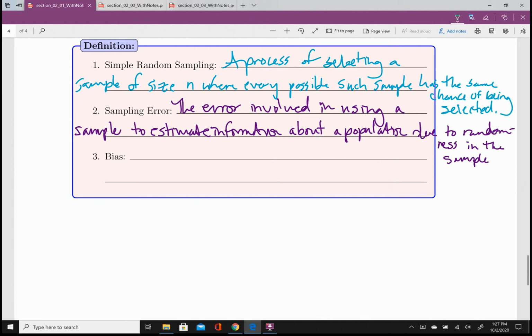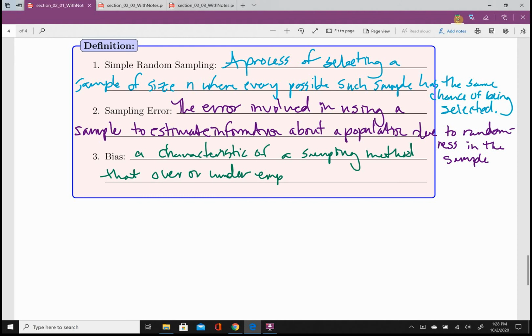So bias is a characteristic of a sampling method that over or under emphasizes some characteristic or characteristics.